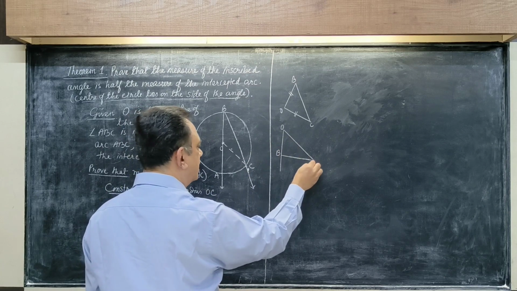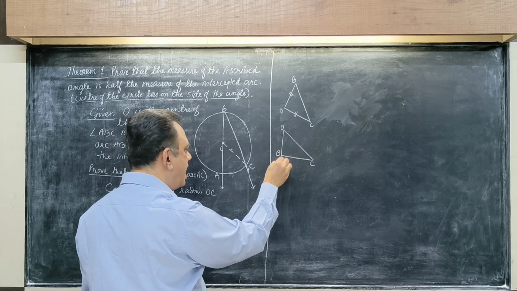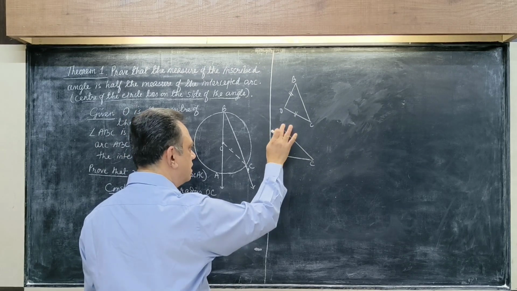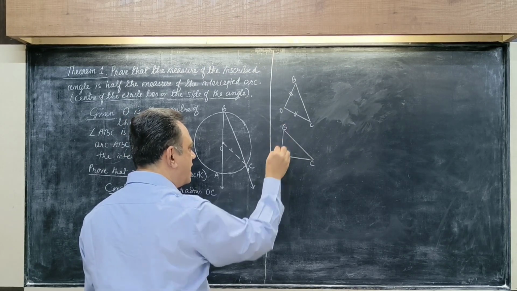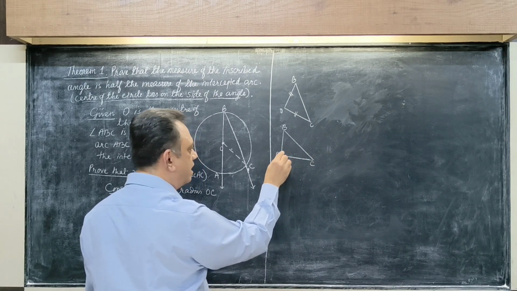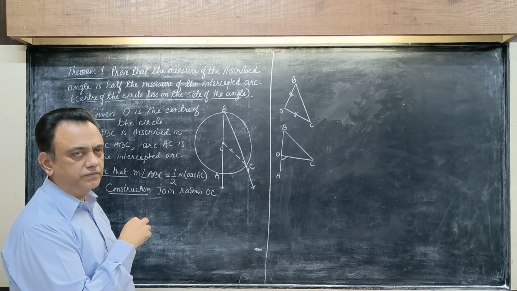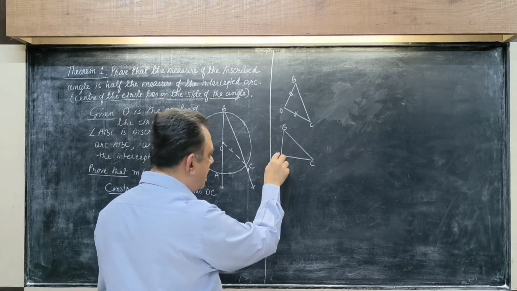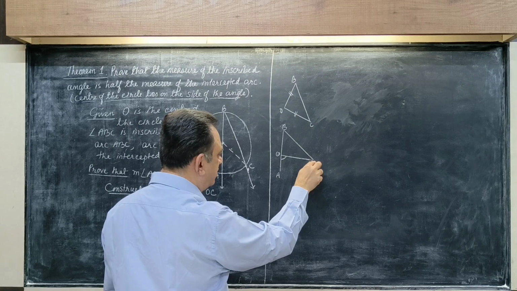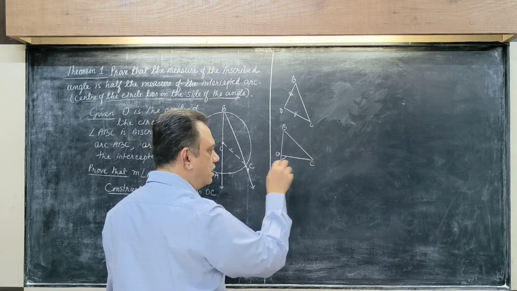Angle AOC is the exterior angle for triangle OBC.